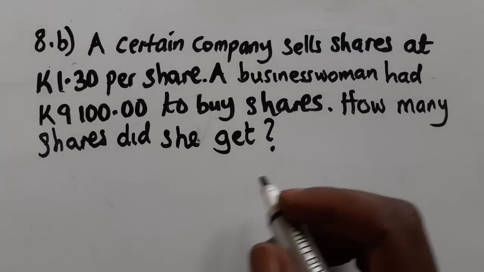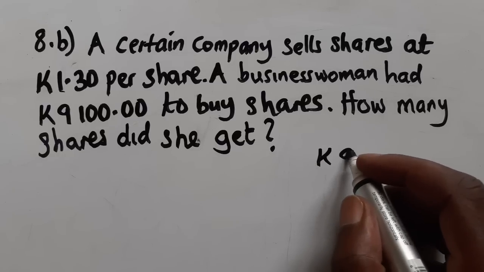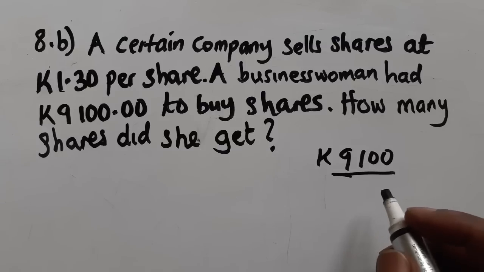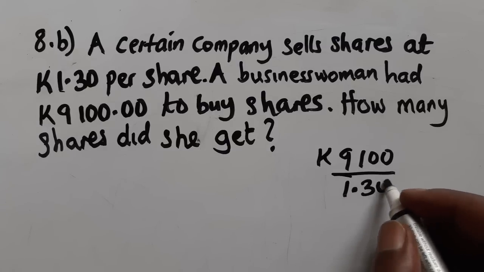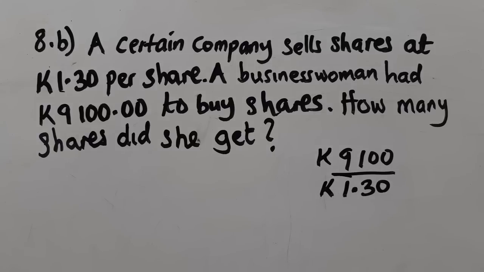So, the amount of money that she had was 9,100 kwacha, and the amount per share was 1 kwacha 13 ngwee. So we need to divide to know how many shares she bought.